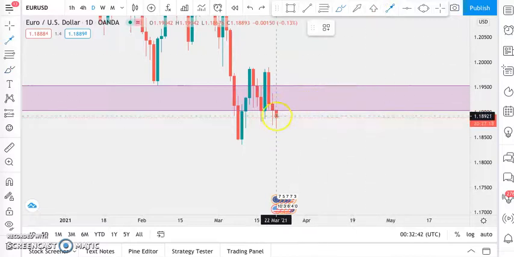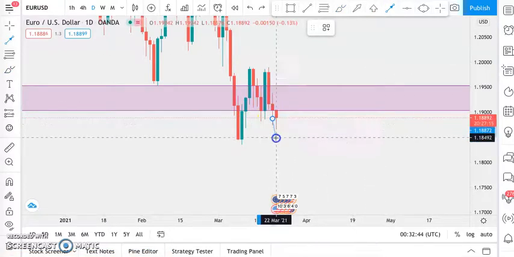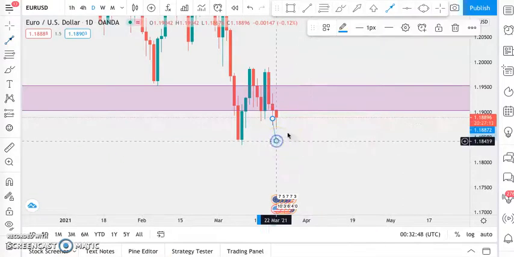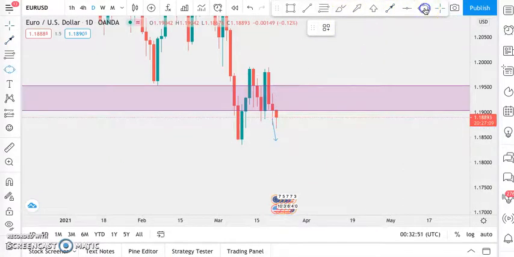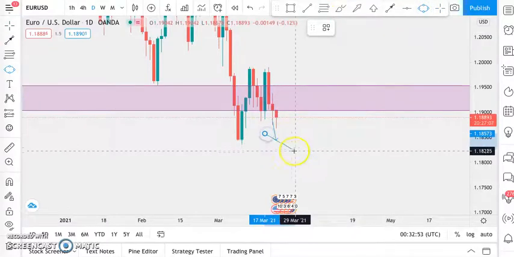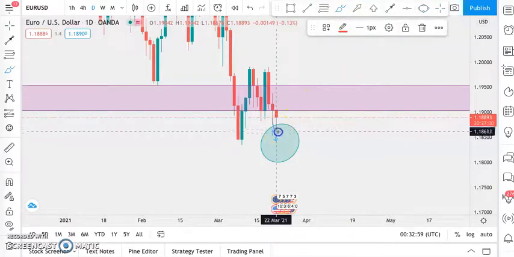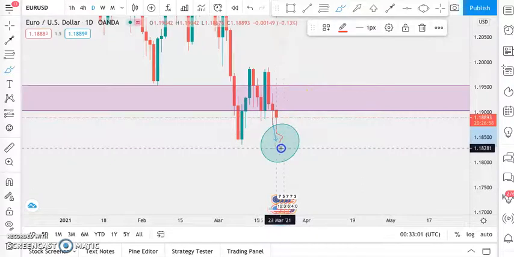Now, like I said, if we do get a push to the downside here, then inside of here is where we'll be looking to go long, and we'll be monitoring the market to see if there will be a shift from a bearish market, as we'll be having when the market is moving down, to a bullish market.